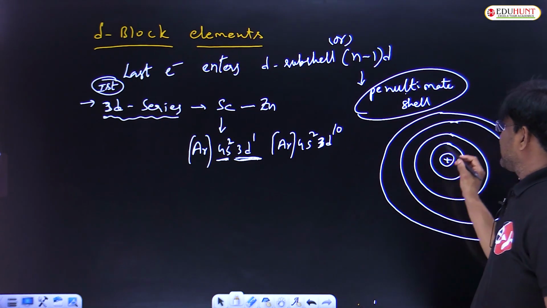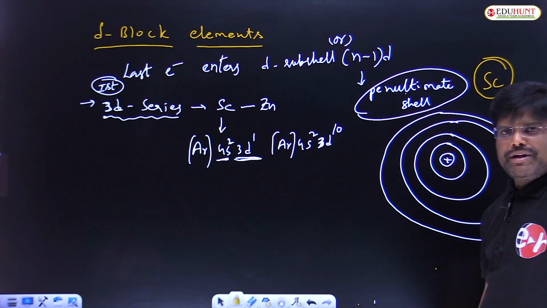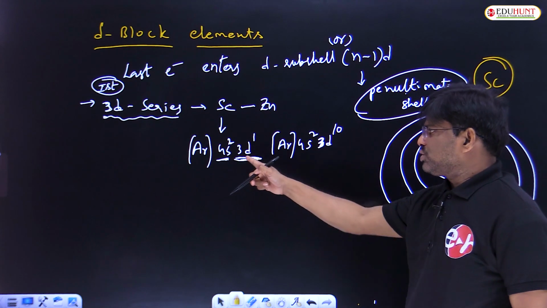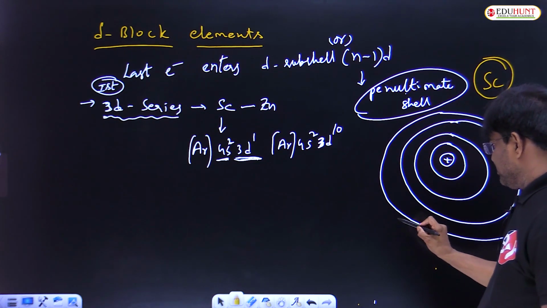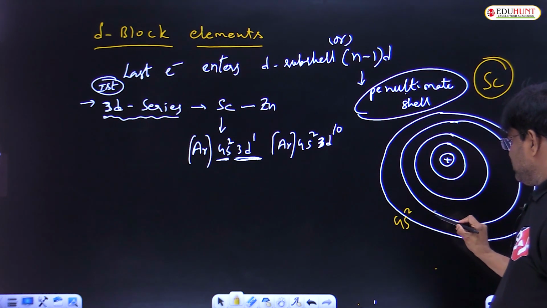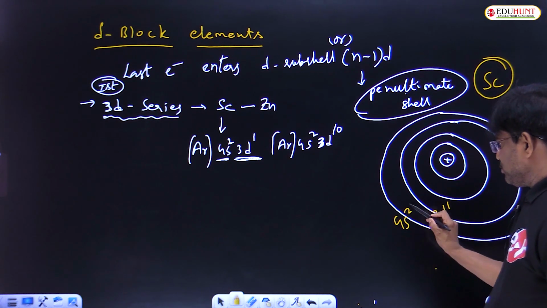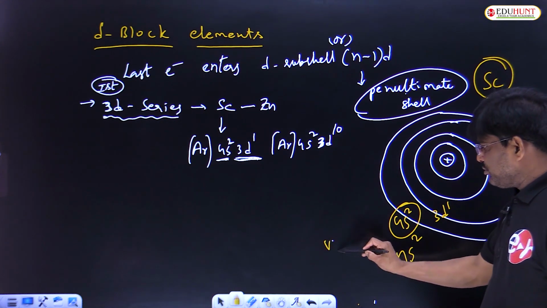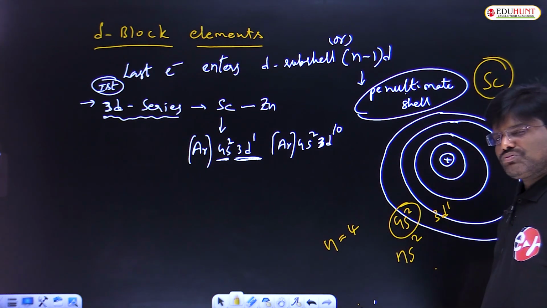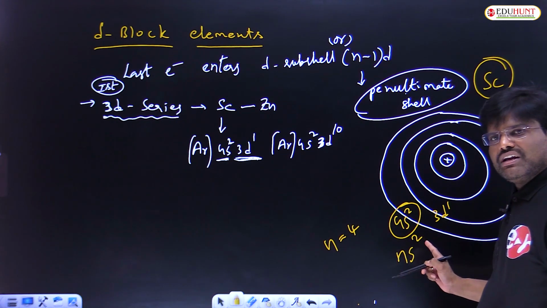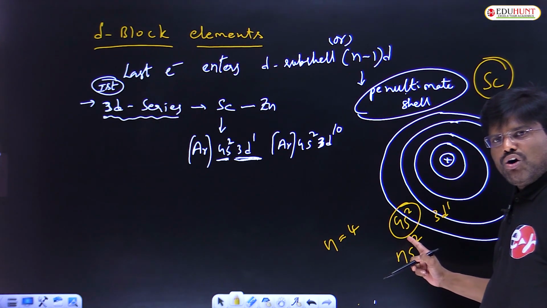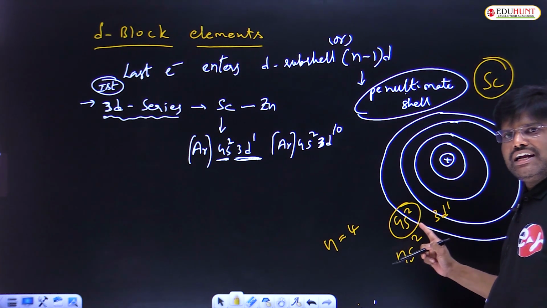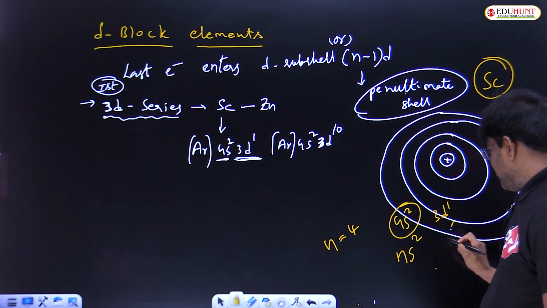Suppose this is scandium, atomic number 21, electronic configuration argon with 4s2 3d1. 4s2 is ns2, that means n is equal to 4. This is the ultimate shell, or valence shell, or outermost shell.